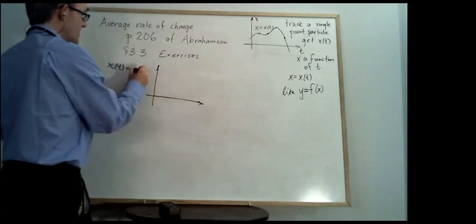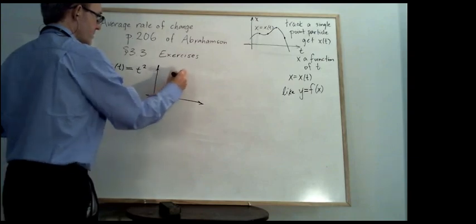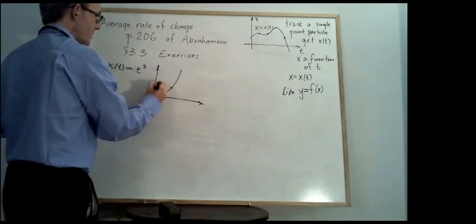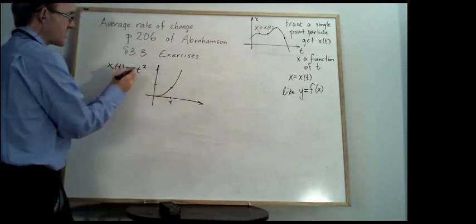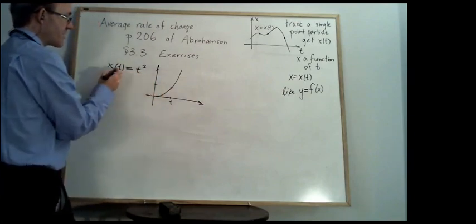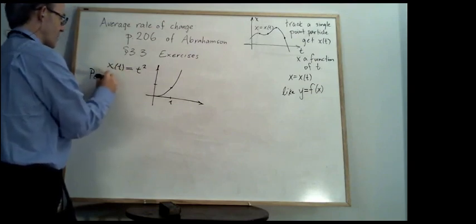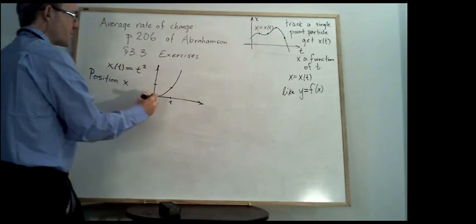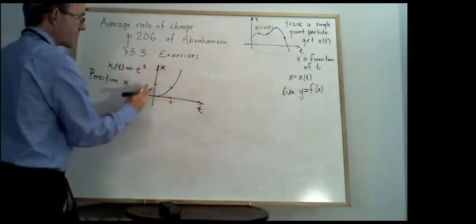Let's say it's simply t squared. So you have a parabola here. You get 1 second gives you 1, let's say, meter. So this is time in seconds, this is x position in meters. Its position along the x-axis. The x-axis is now turned up this way.